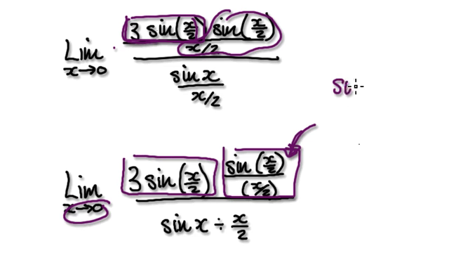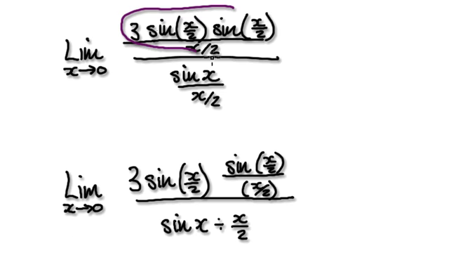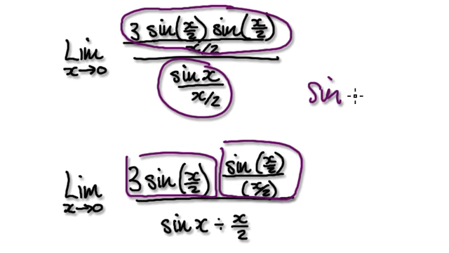Because in effect you've got this sine bubble over bubble. As x tends to 0, these two bubbles will automatically tend to 0. So it's like doing sine x over x. So here, break this up into this thing times this thing, and at the bottom, visualize this as sine x divided by x over 2.